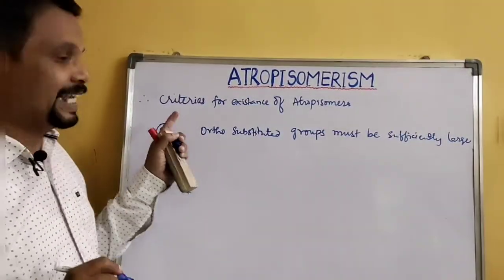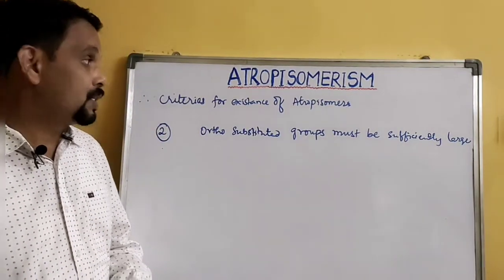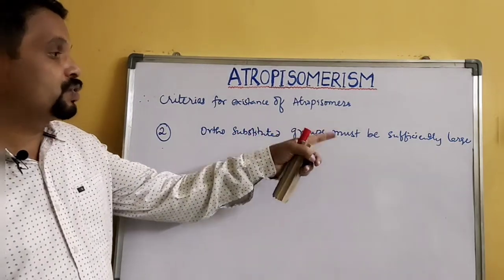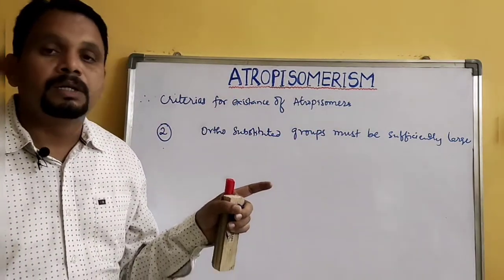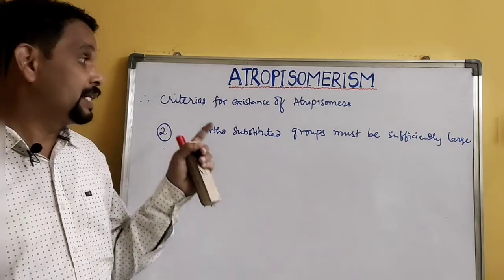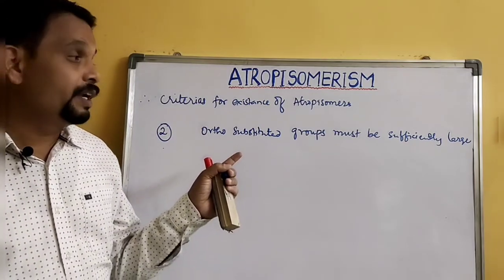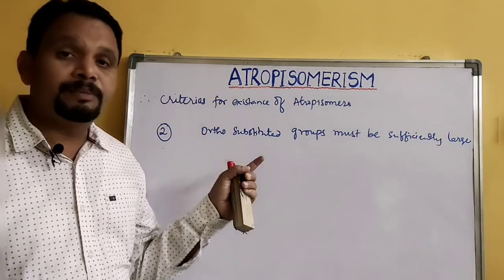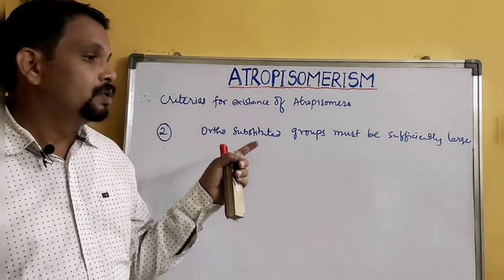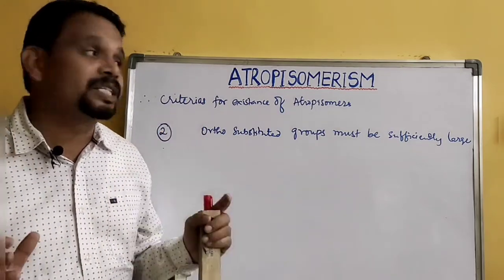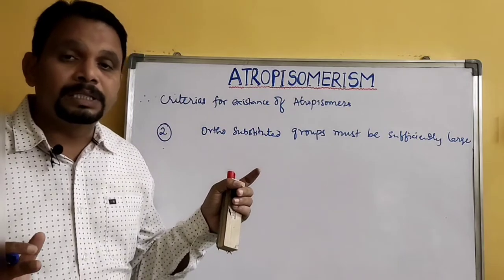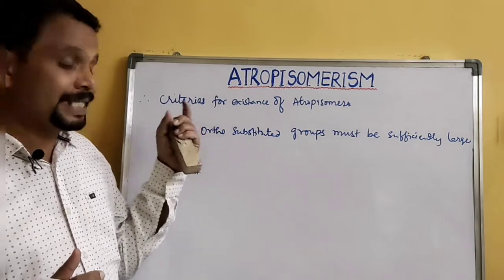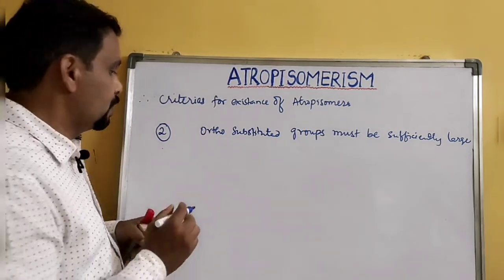So this is the second criteria to exhibit heteroisomerism. Ortho substituted groups must be sufficiently large, then only they can exhibit heteroisomerism. So if the ortho substituted groups are not sufficiently large, then those molecules do not exhibit heteroisomerism, they will not exist as heteroisomers. So that is the second criteria you have to remember.